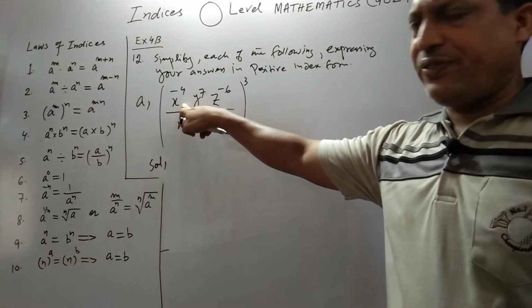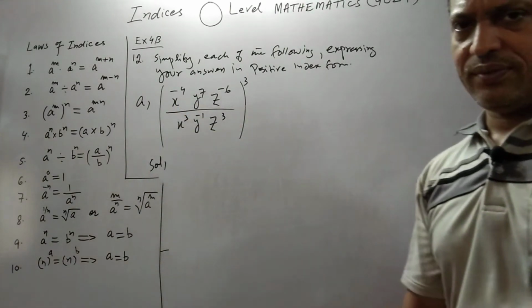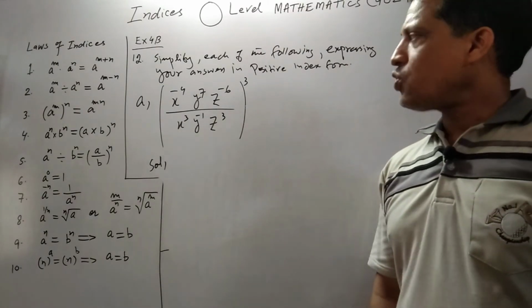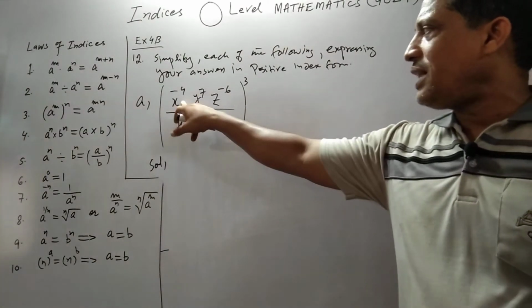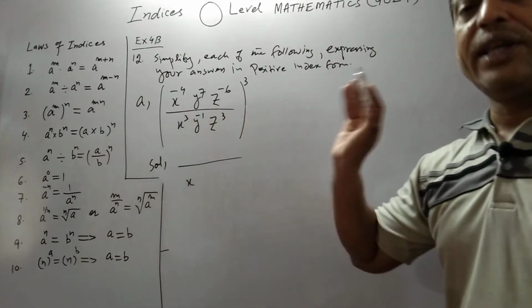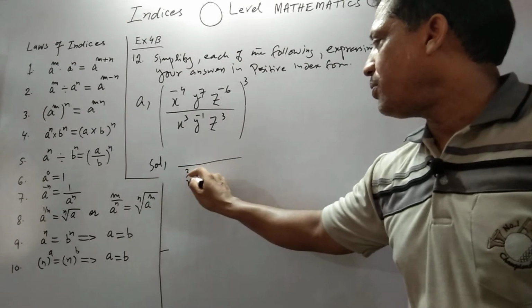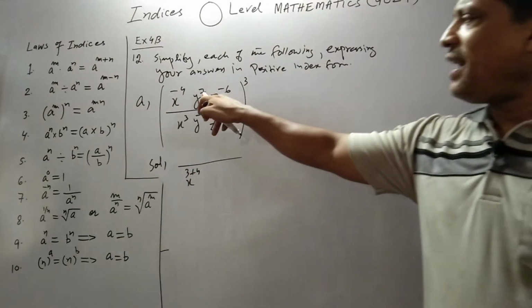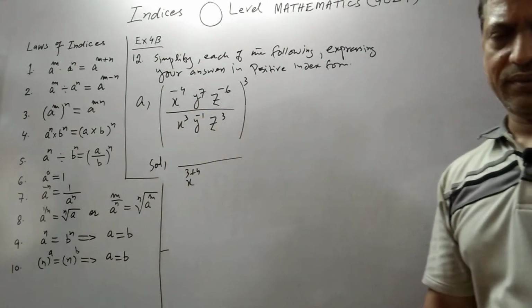This is x minus 4 and this is x3. We need the answer in positive index form. So we must move this x minus 4 to denominator side. It will become 3 plus 4. See this. This is y7, this is y minus 1.